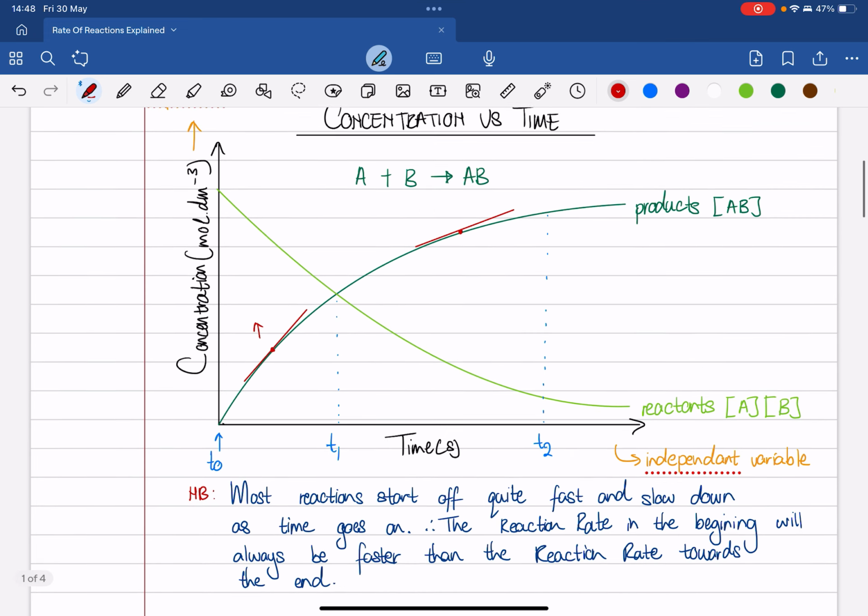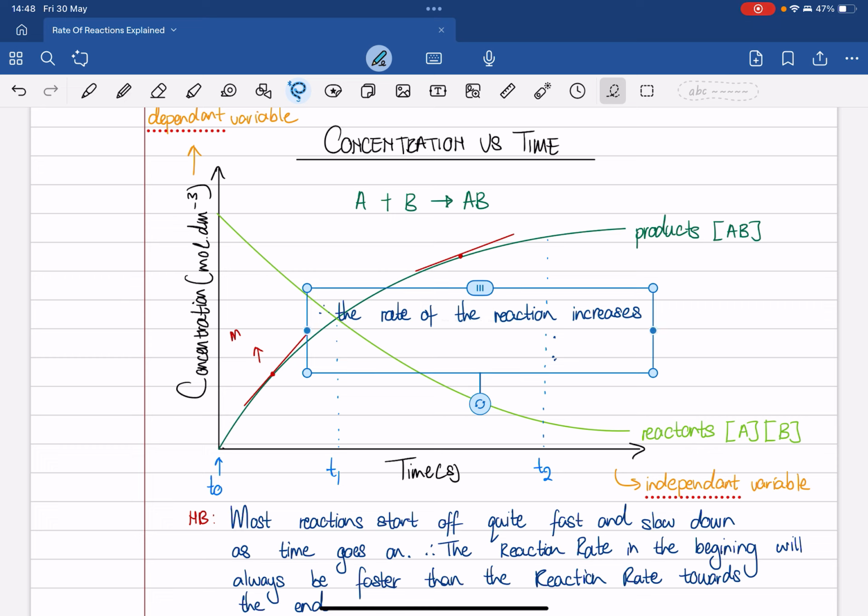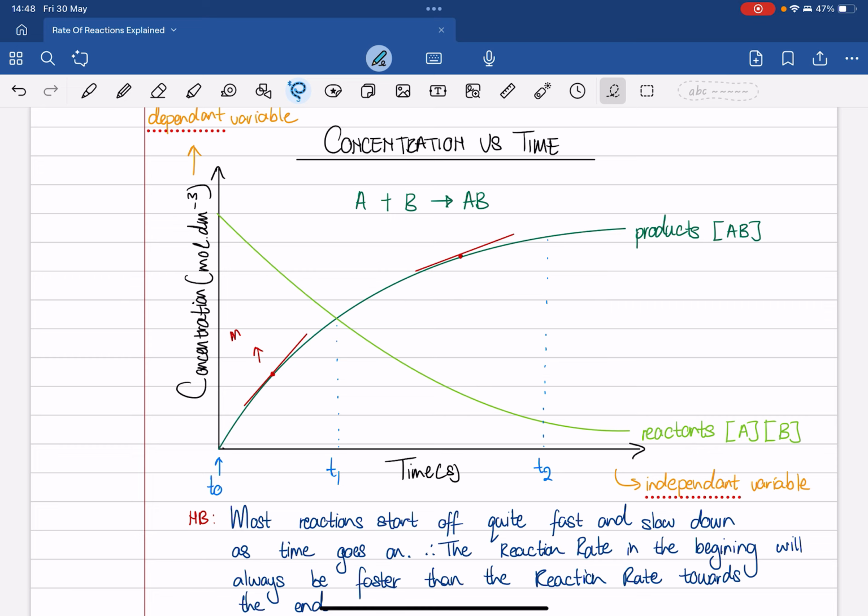It's much more steep, while this one over here is less steep. Okay, and then what that tells us is the gradient here is higher than the gradient over there, which means the reaction rate is faster in the beginning and then it slows down as time continues.